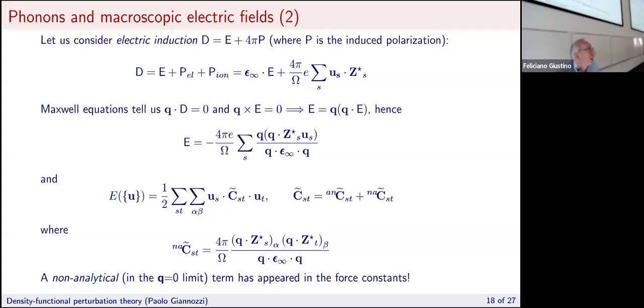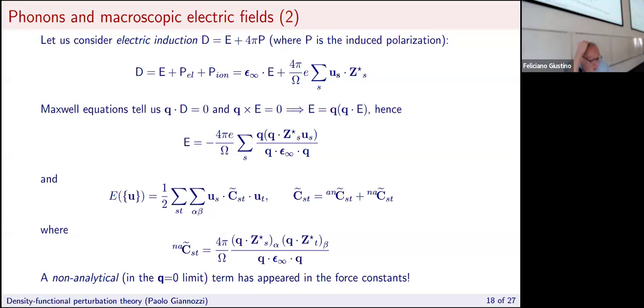And the one that is directed along the wave vector, defined but tending to zero, gives rise to a macroscopic electric field.